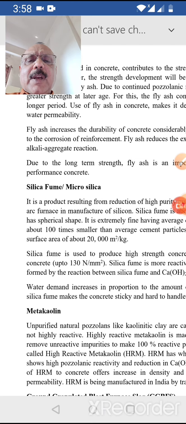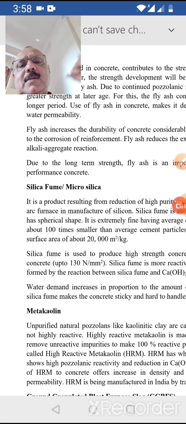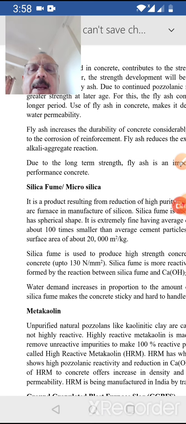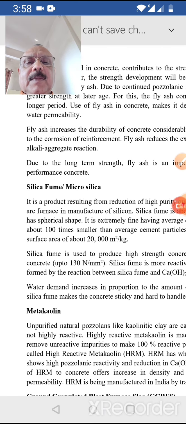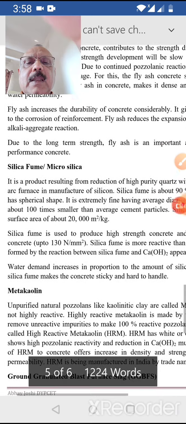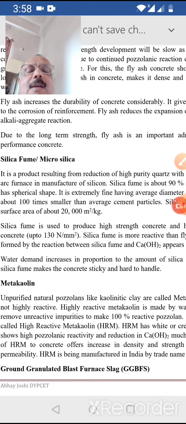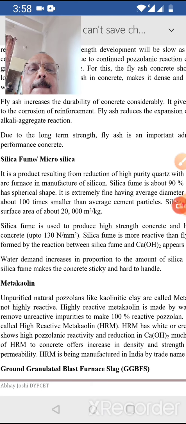So whenever very high performance concrete or very high strength concrete is required, there only this silica fume or microsilica is used. Now it is produced from high quality pure quartz. Quartz means containing silica. It is basically silica containing material.